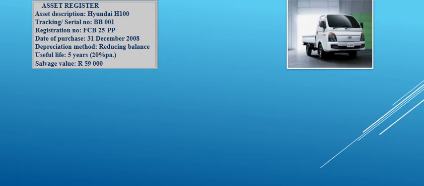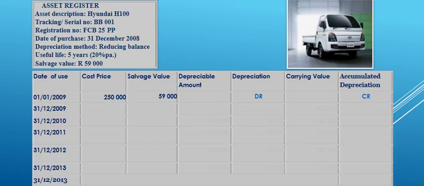The useful life estimated at the initial stage as 5 years. It means therefore that the depreciation to be written off will be 20% per year. The salvage value also estimated at the initial stage, 59,000 rand.